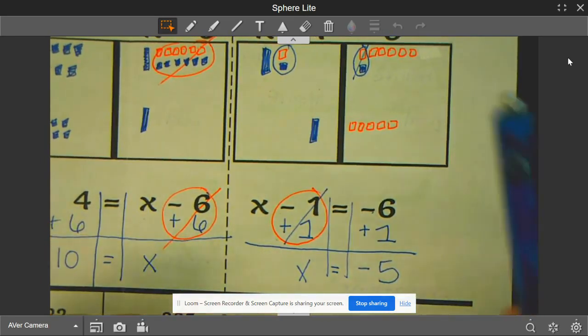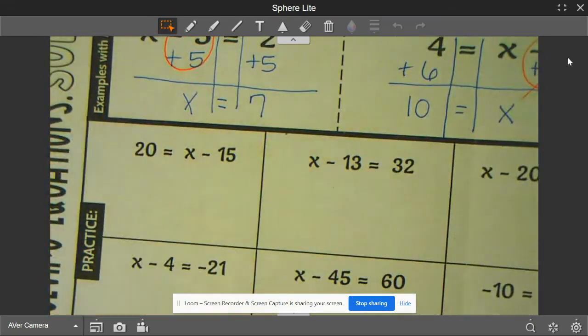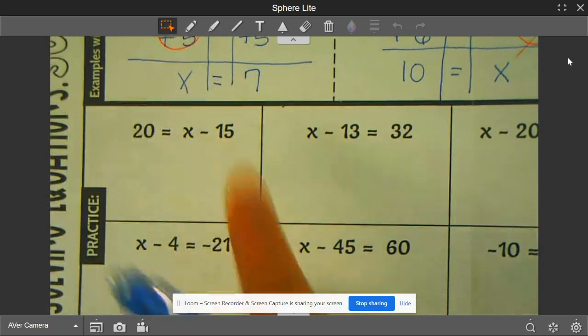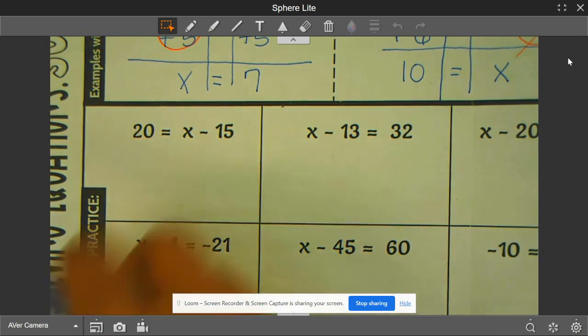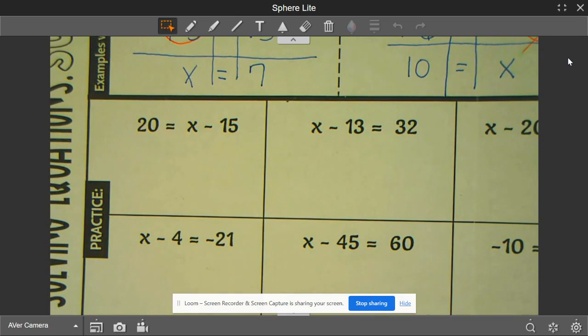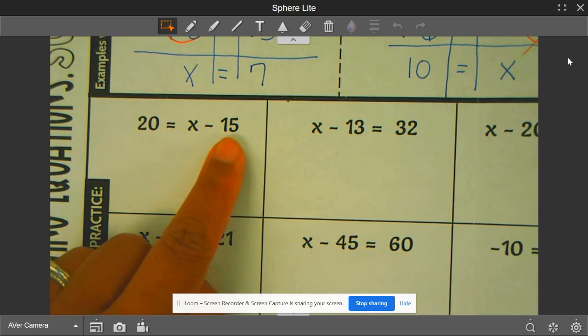Okay? All right. So the rest of them, we're going to do them without our algebra tiles. We're just going to show the math algebraically. So the first one is x minus 15. So what number, take away 15, is 20? Maybe you think of that in your head mentally. What do you guys think? That's 35, right? 35 take away 15 will give me my 20.